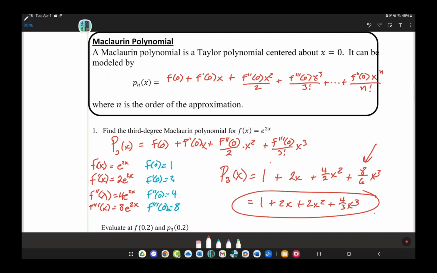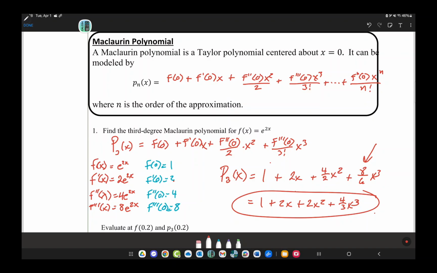You need x there because c is 0, not x. It's centered around c. X equals c is the center of it.